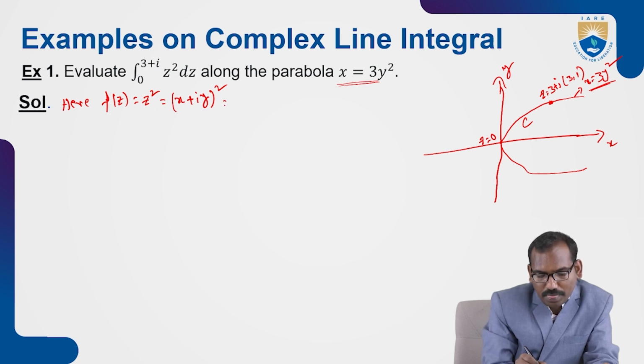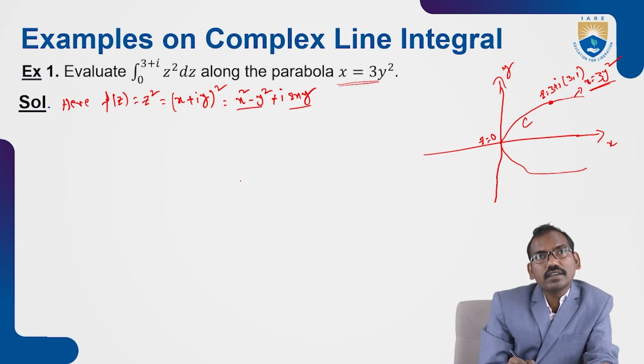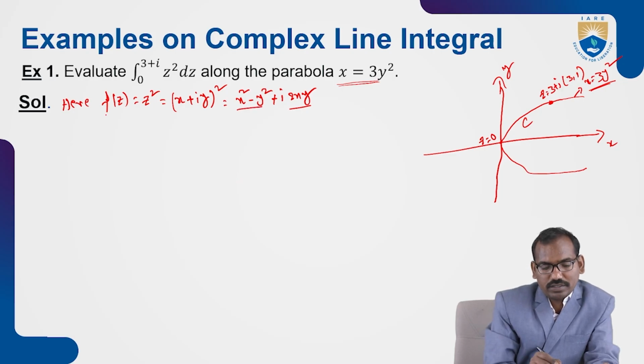Now you will have x square minus y square plus i times 2xy. You can see this is the imaginary part and this one is the real part of the given complex function.